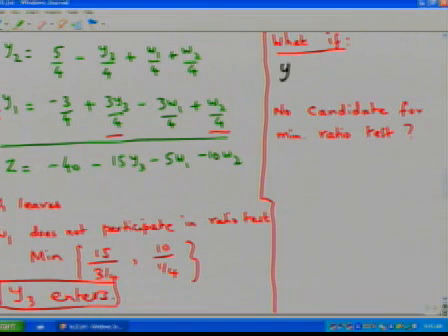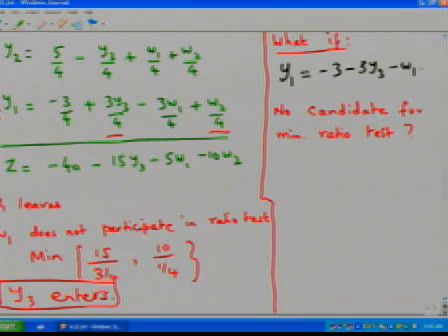What happens if y1 is -3 minus 3y3 minus w1 minus w2? Suppose that's your pivot row.